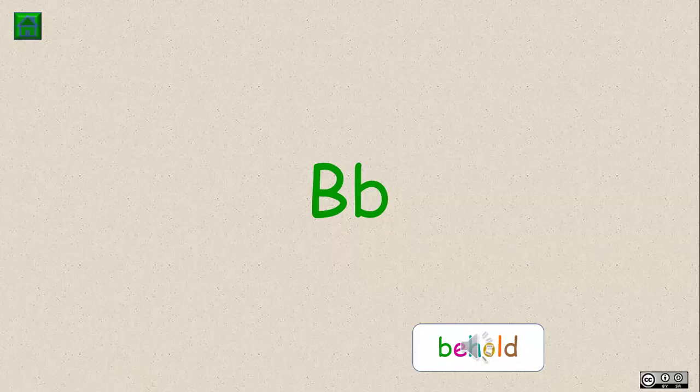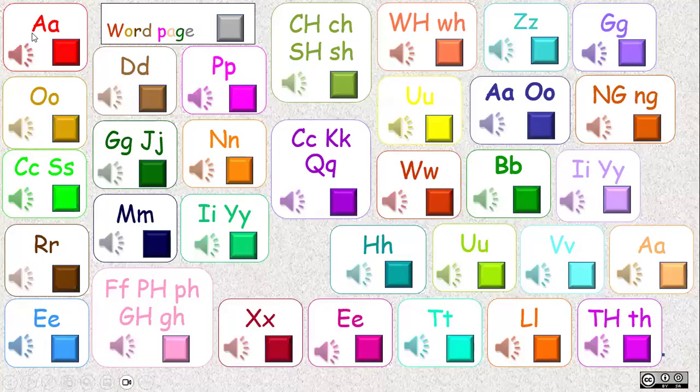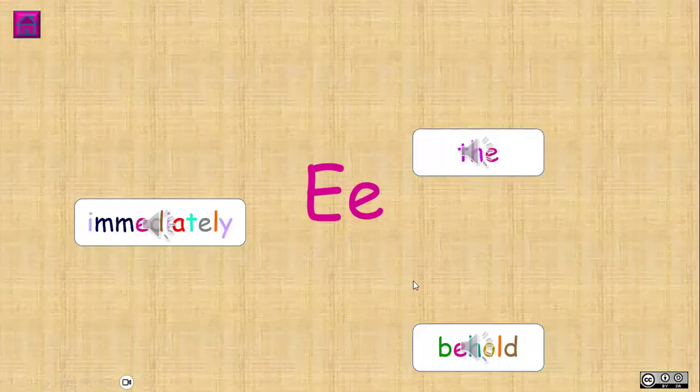Okay, and the next sound in behold is the E sound. Go back to the home page, find the E. It says E. The E page, and it says behold.